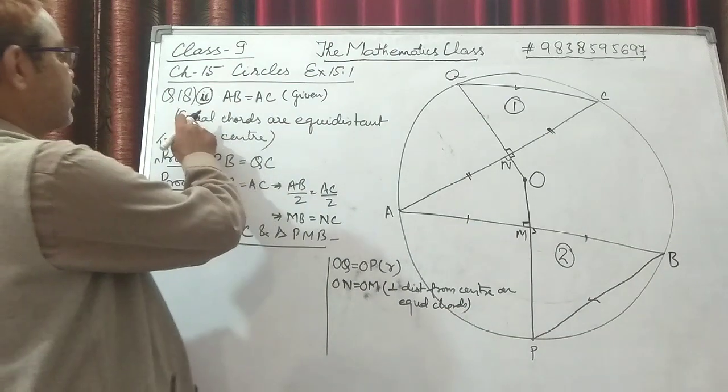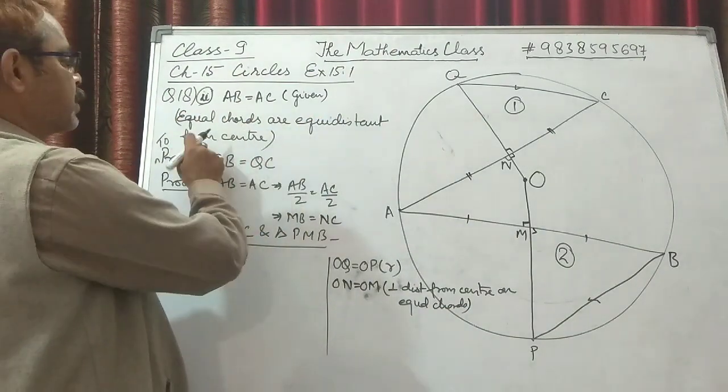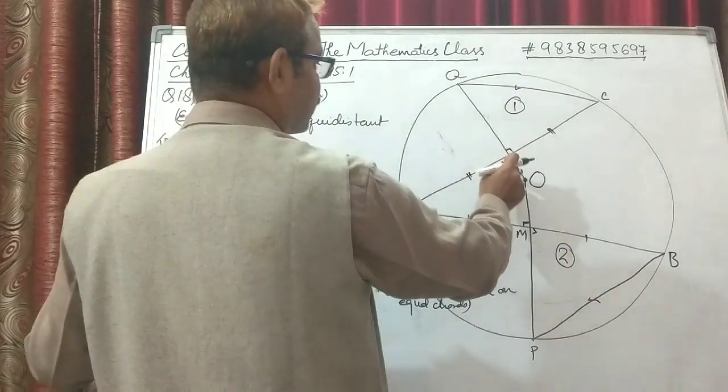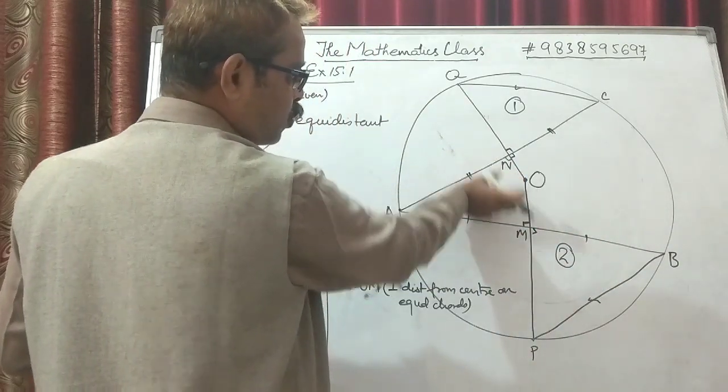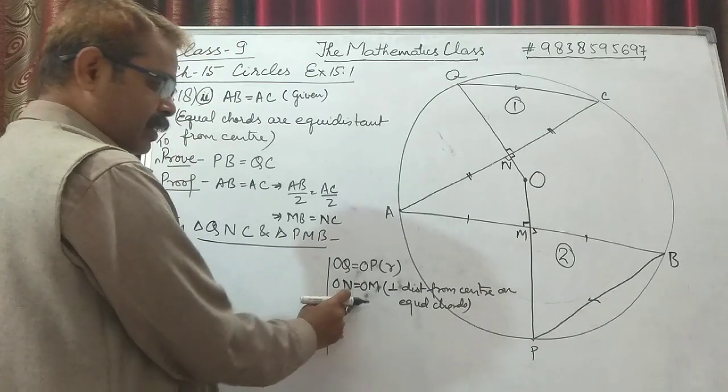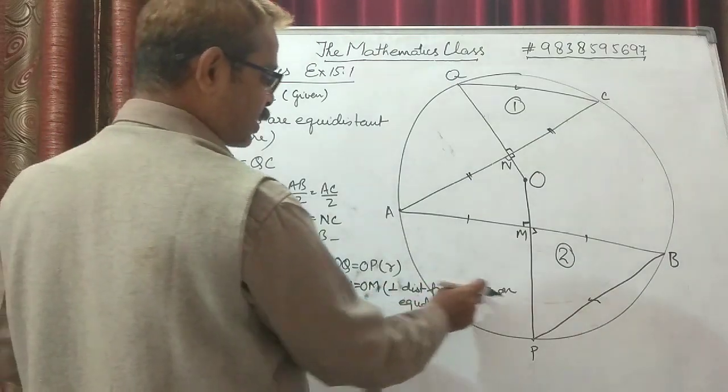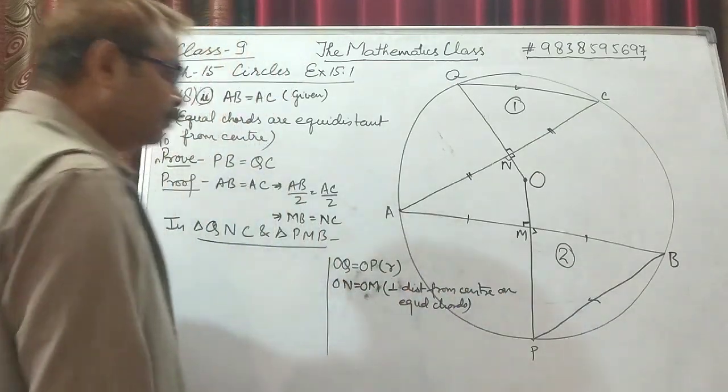This is what it is written. Equal chords are equidistant from the center. Means this chord AC and AB are equal, so their distance will also be equal. So ON is equal to OM. That is why the reason is given, perpendicular distance from center on equal chords.